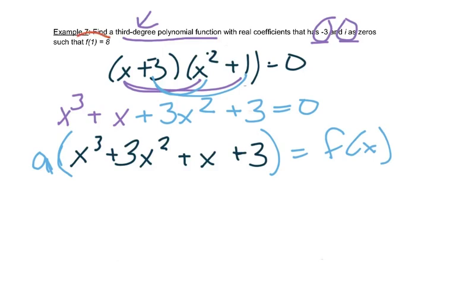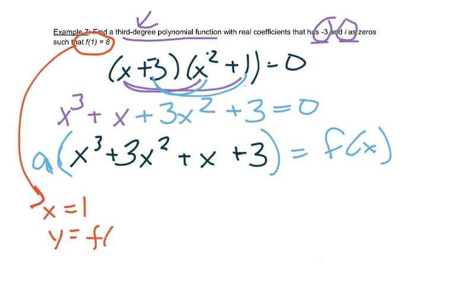That's what this information right here is for. This information tells us that at the end we need to make x equal 1 and y, or f of x, equal 8. So in this problem, I don't know what a is. I keep that a here.